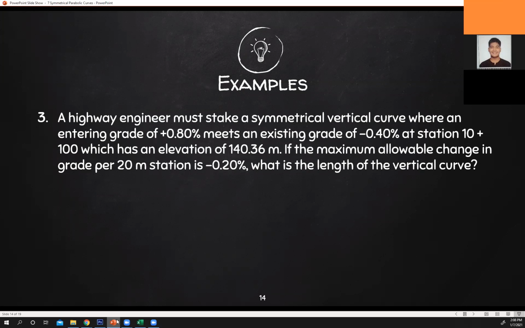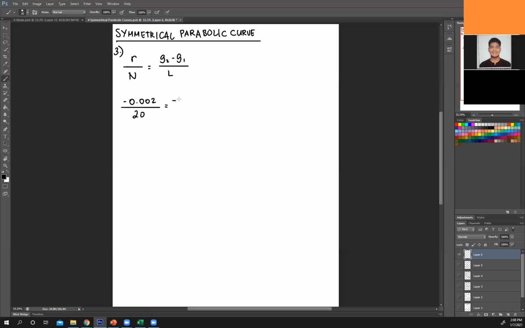So in decimal, that's negative 0.004. And then positive 0.008. So negative 0.004 minus positive 0.008 all over L. So what is the value of L? Correct, Christian, it's 120. 120 meters.